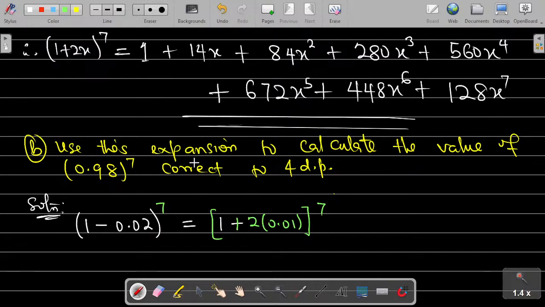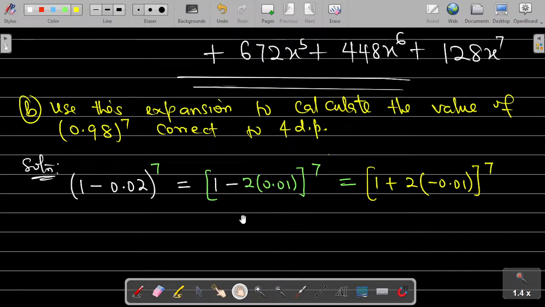So let me even leave that and then write it in another line. So this is the same thing as bracket of 1 plus 2 times minus 0.01, then everything raised to the power of 7. So I want you to get what I'm trying to achieve now.